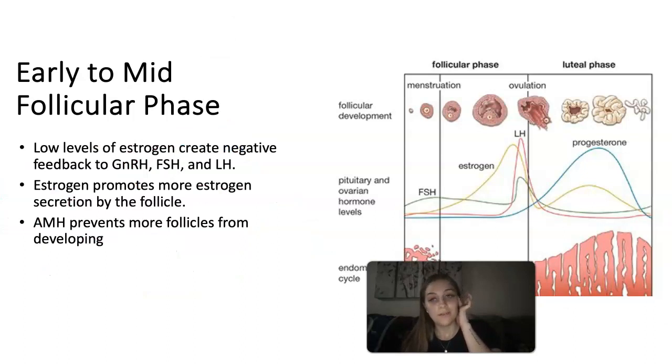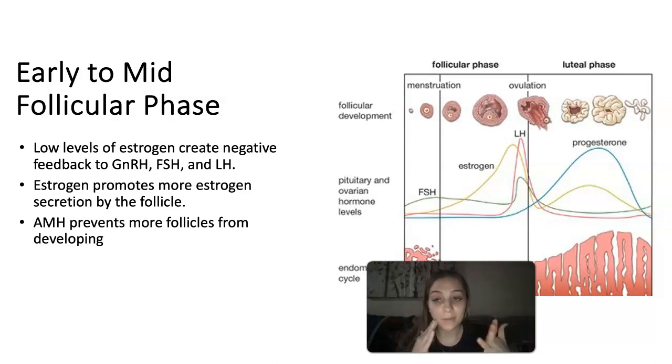So early to mid follicular phase: the pathway leading to the secretion of the female steroid sex hormones begins in the hypothalamus.